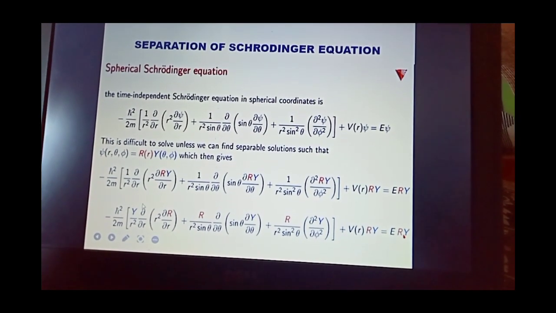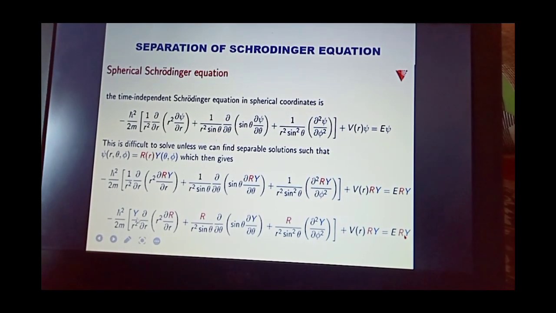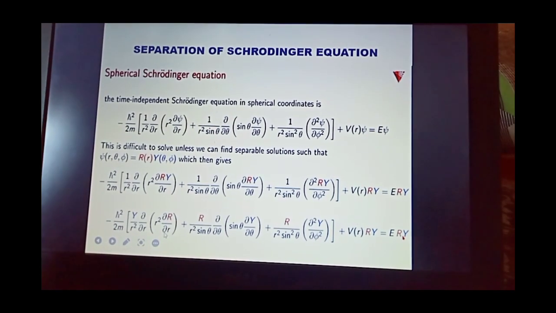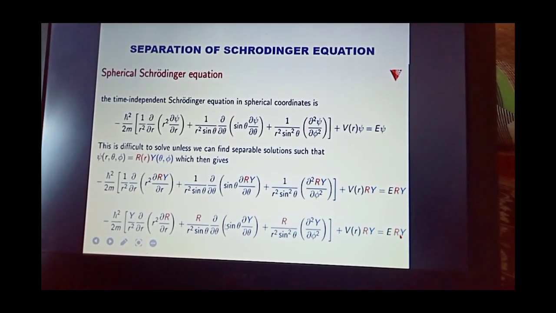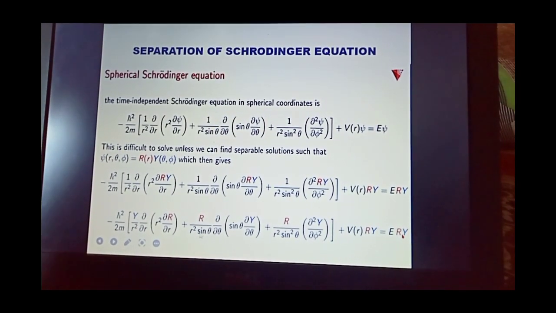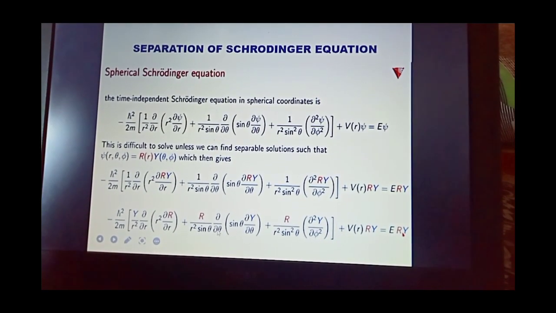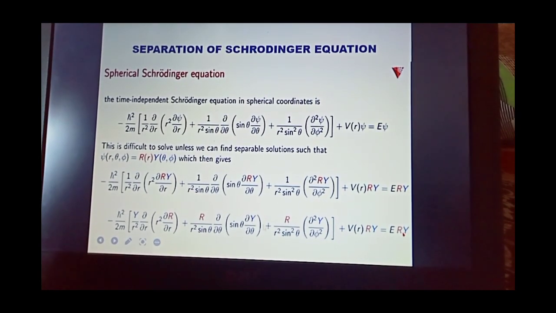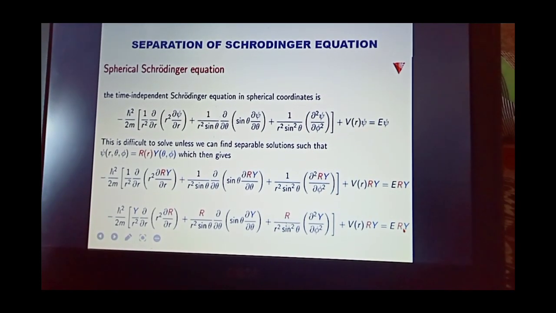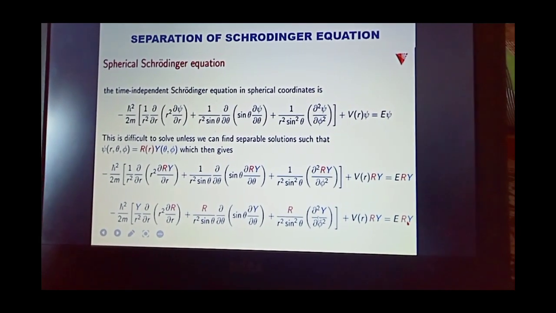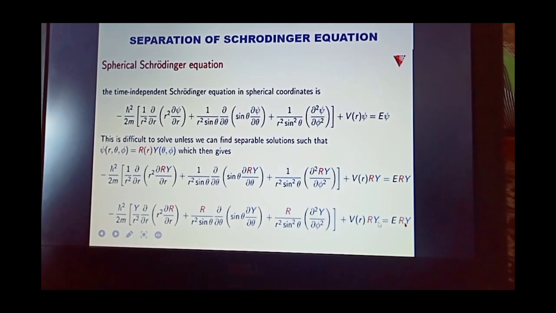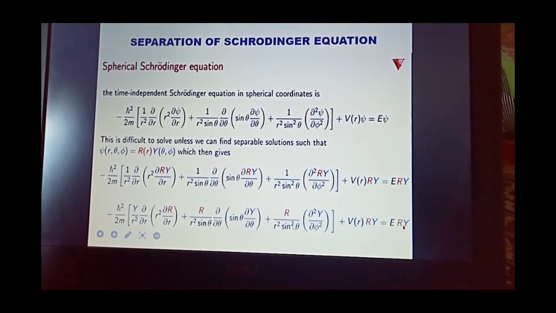Y by r² ∂/∂r of (r² ∂R/∂r) plus, here we take R outside the bracket, R by r² sin θ ∂/∂θ of (sin θ ∂Y/∂θ) plus R by r² sin²θ ∂²Y/∂φ² plus V(r) R Y is equal to E RY.